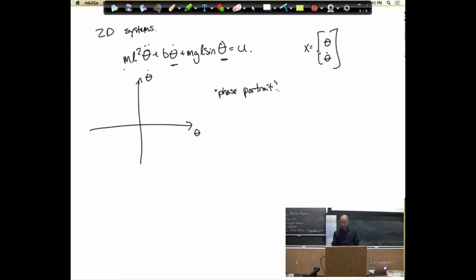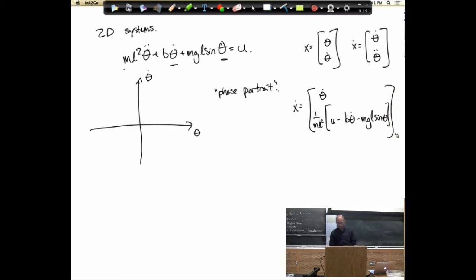If I write a vector x which has theta and theta dot, then x dot is theta dot, theta double dot, and I can write 2 differential equations: theta dot, and 1 over ml squared, say u minus b theta dot minus mgl sine theta, right? So I can always write my second order system as 2 first order coupled systems.